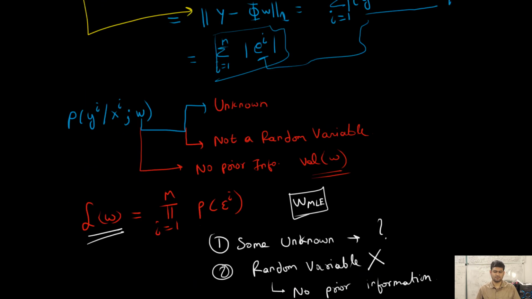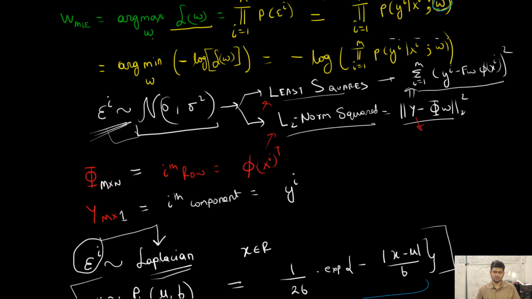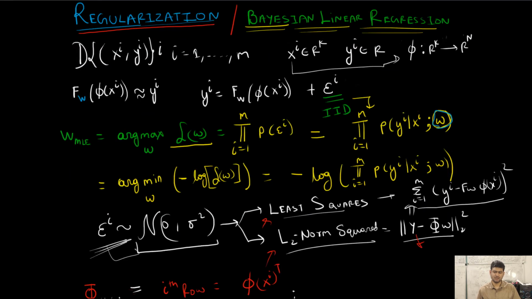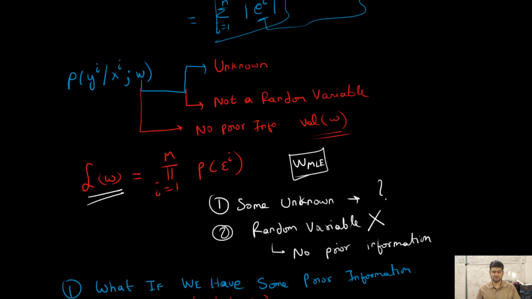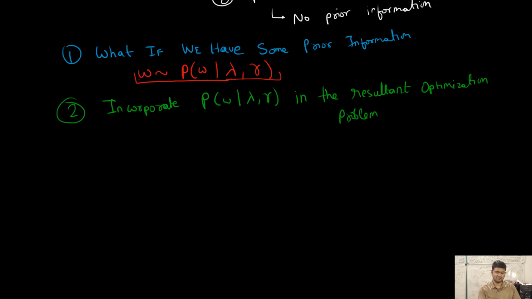So earlier, as you can see here, we are maximizing this likelihood function. So this is an optimization problem, right? So now the obvious question is, can we have an optimization formulation that takes in this prior information over the parameter W and somehow combines it with the likelihood function, right?